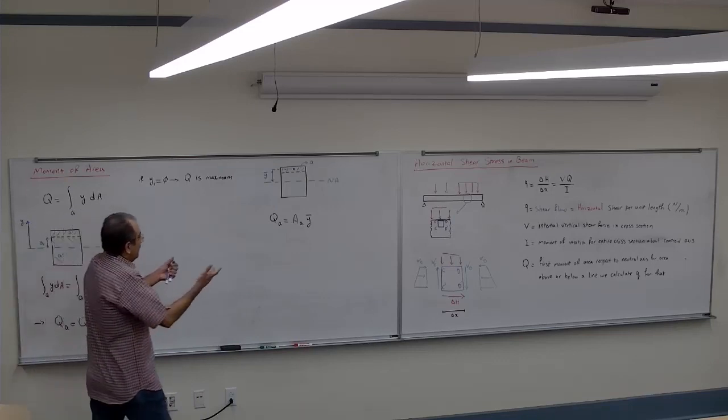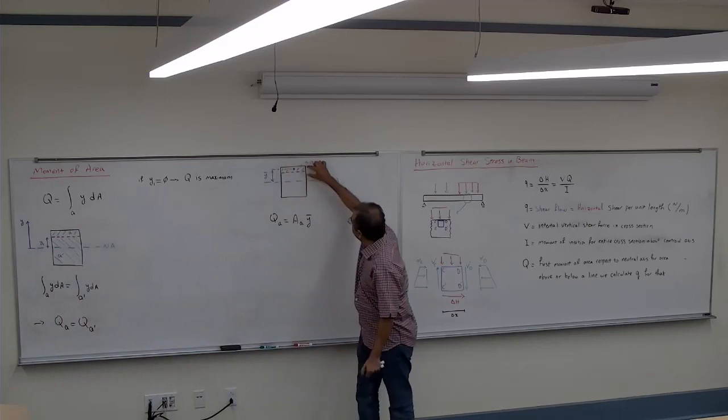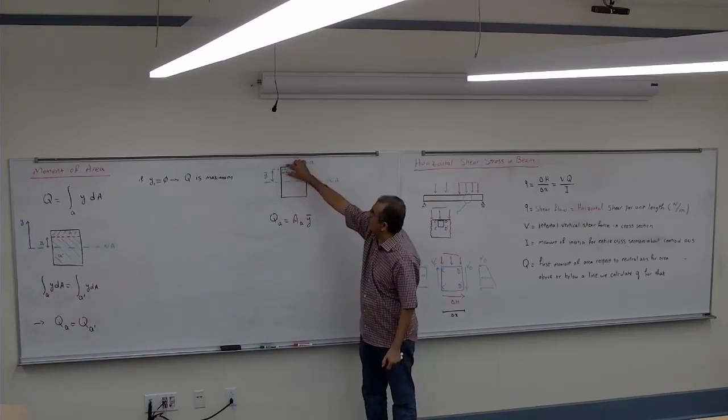So the calculation is relatively simple: the area times y bar of that area.